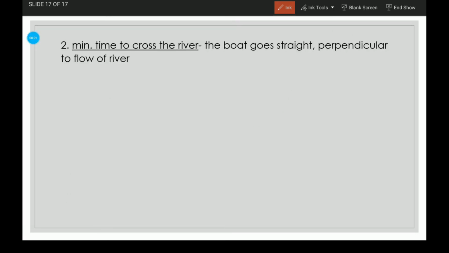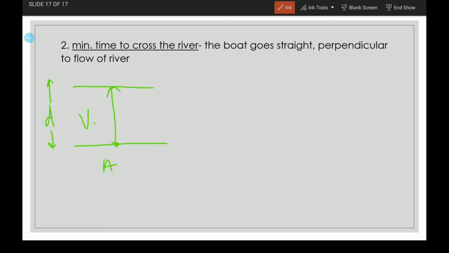Case 2, the minimum time to cross the river. Again, suppose this is the river and this is the starting point. To cross the river in minimum time, it must go perpendicular to it so that the maximum speed is focused on covering the minimum distance. Let this distance be d.